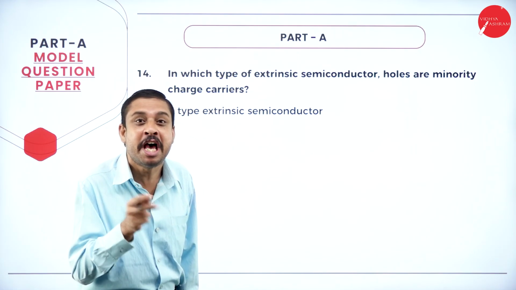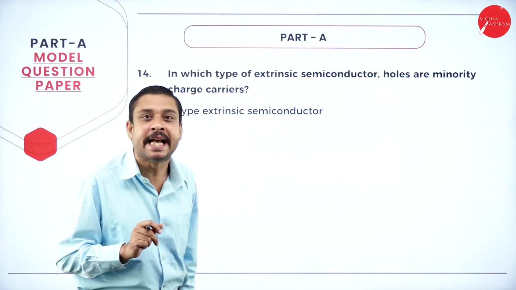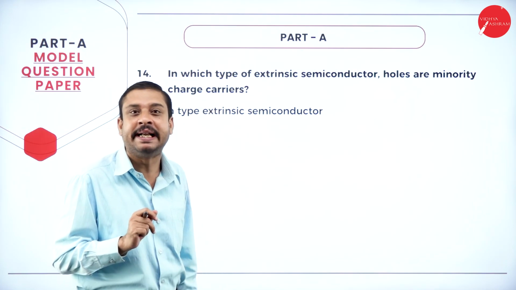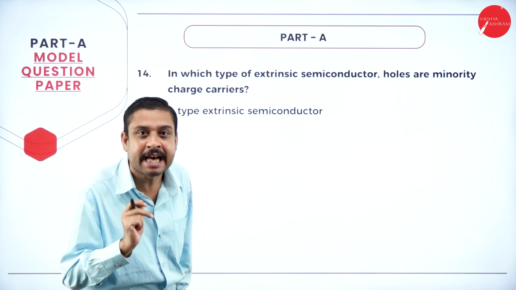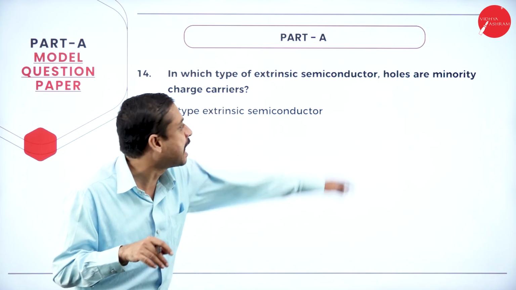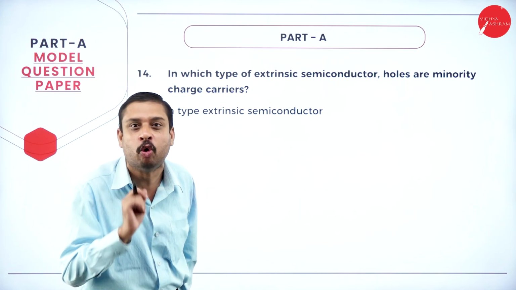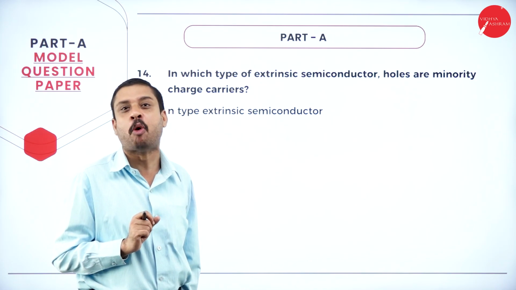Electrons. So where do holes become minority? It is in N-type extrinsic semiconductor. N-type majority charge carriers are electrons, minority charge carriers are holes. So reading the question carefully always becomes important.